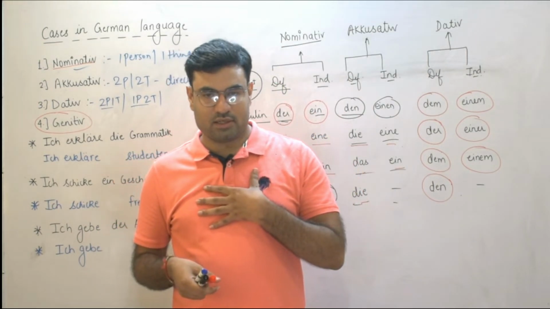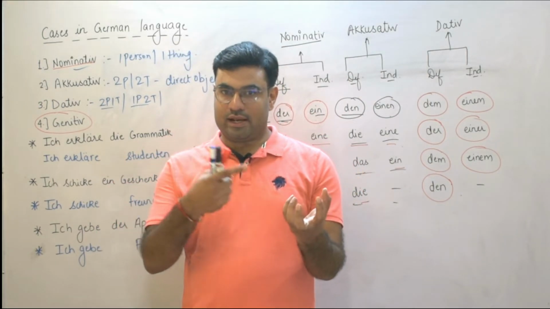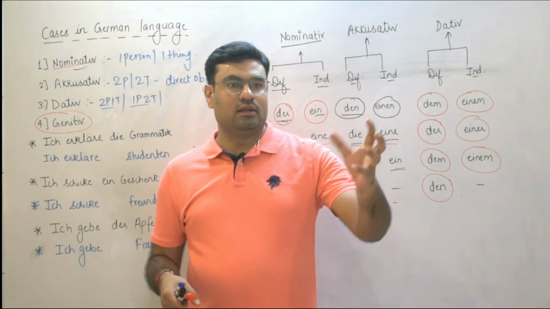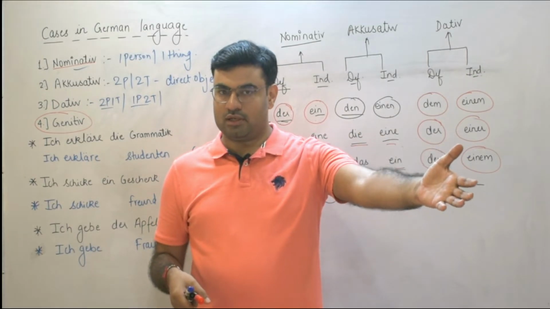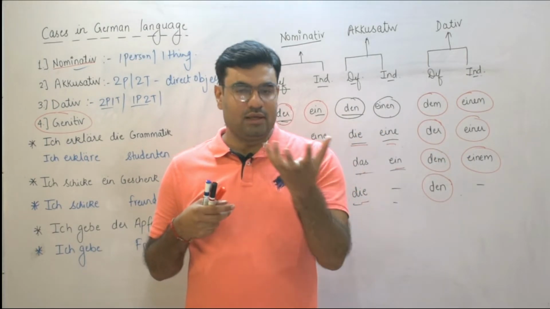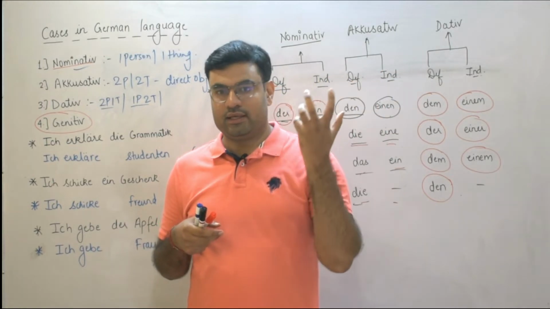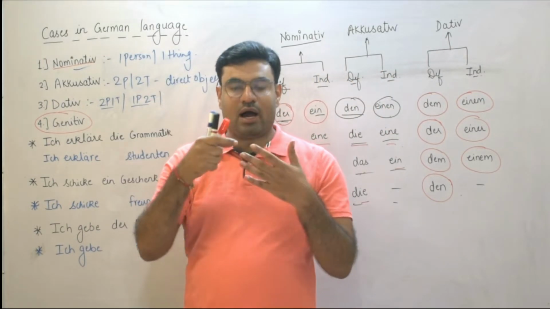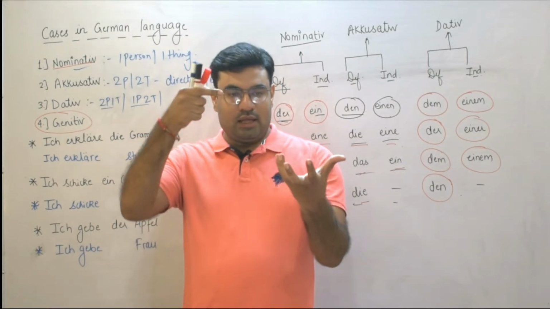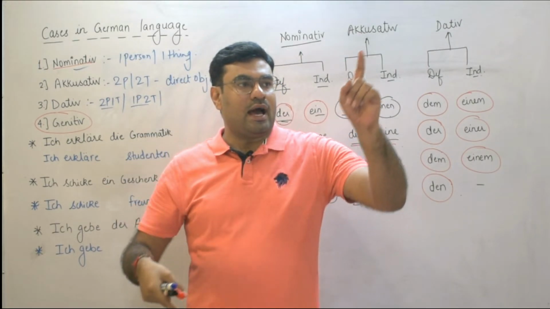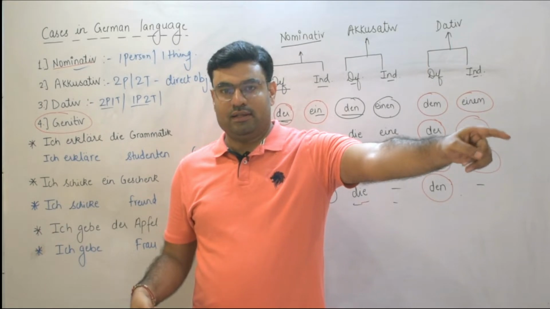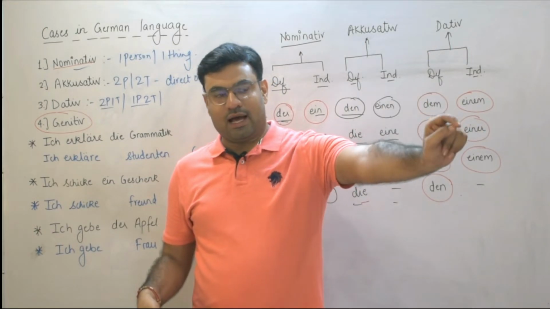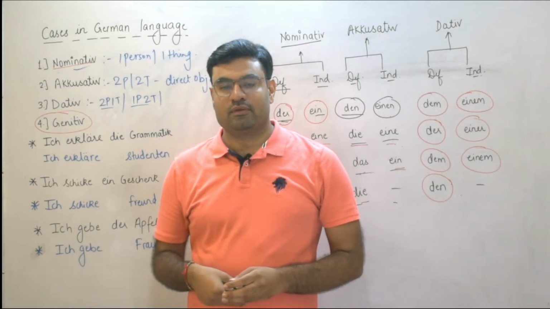I is the subject, apple is the direct object, and the lady is the indirect object. So I am giving the apple to a lady. For apple, it is accusative. I am nominative. This is accusative, and the lady, that is the indirect object, she will be dative.